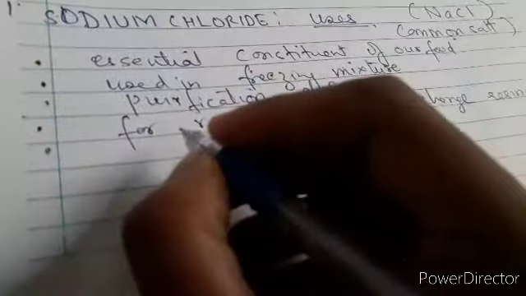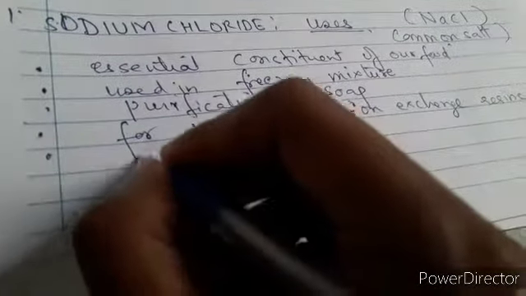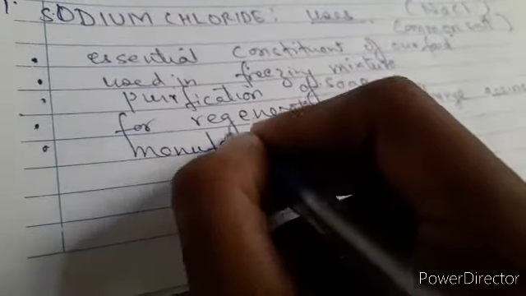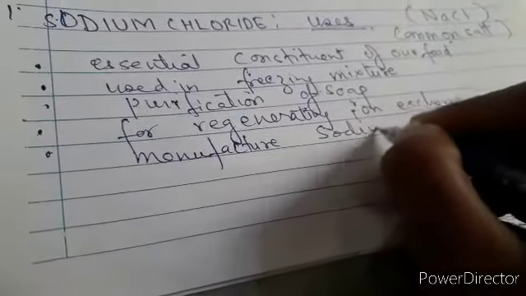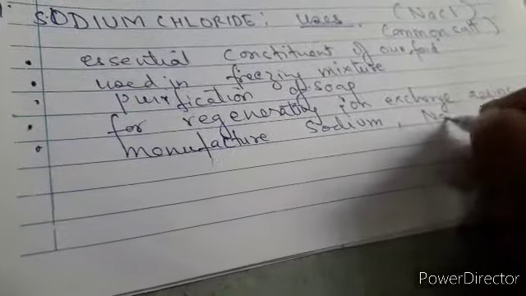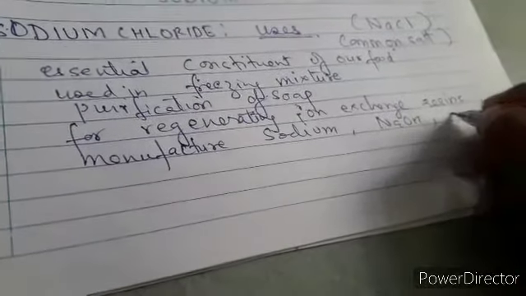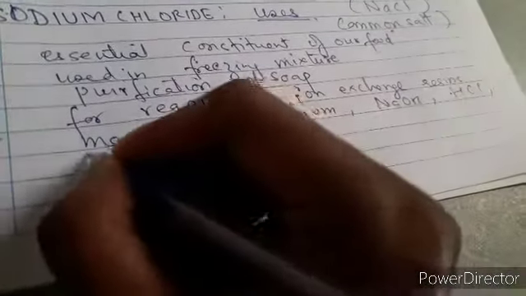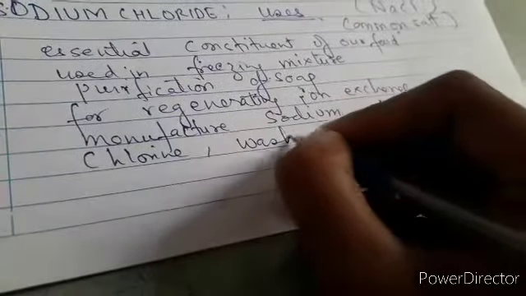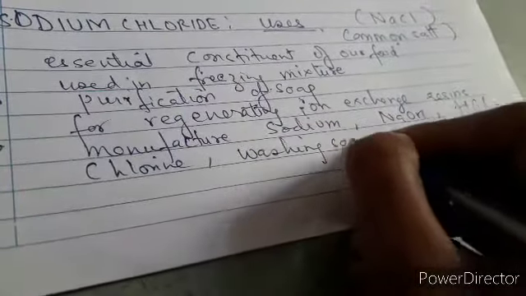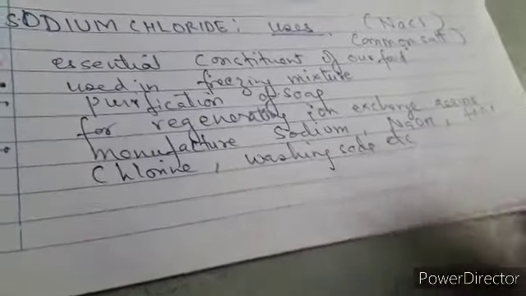And there are many compounds that you can manufacture, like sodium. You can also manufacture sodium hydroxide from it, and HCl, chlorine, and you can also manufacture your washing soda, etc.